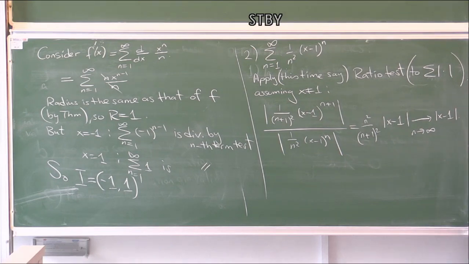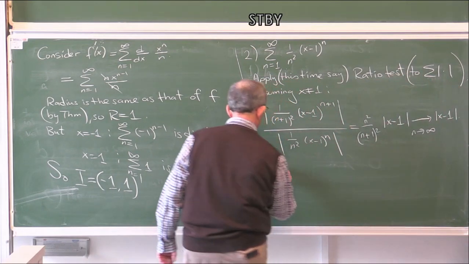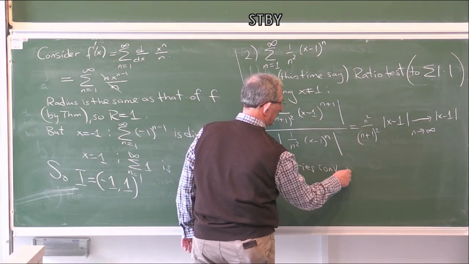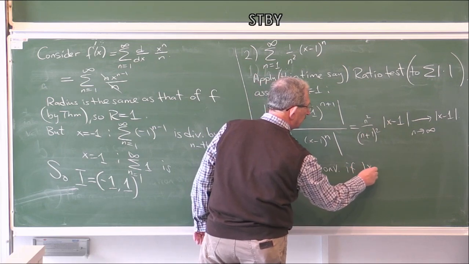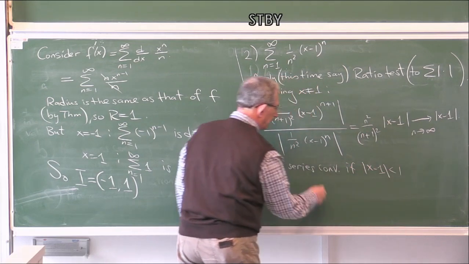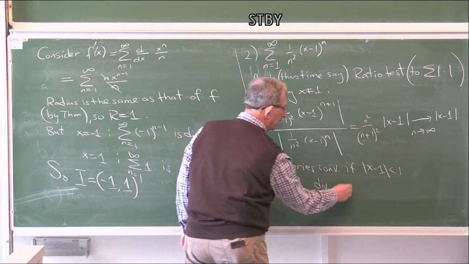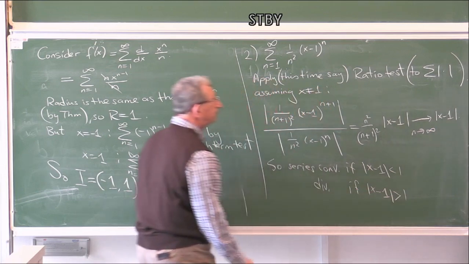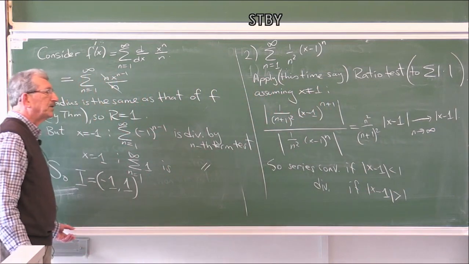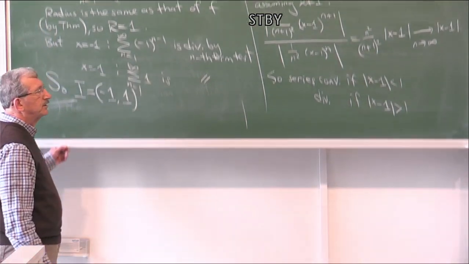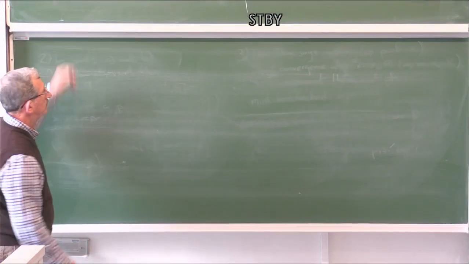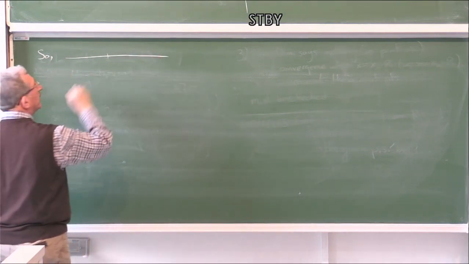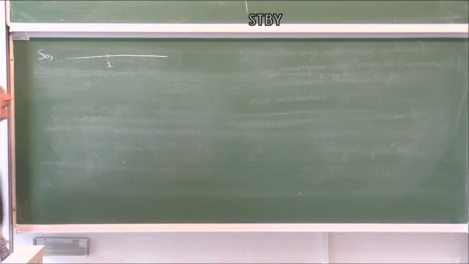So the series converges if the limit value is less than 1 and diverges if the limit value is greater than 1. Now this tells us, as before, that the radius is 1. So we have the following diagram again. 1 is the center point.